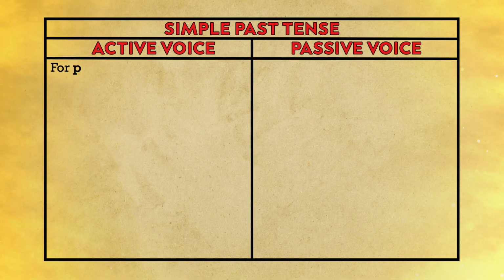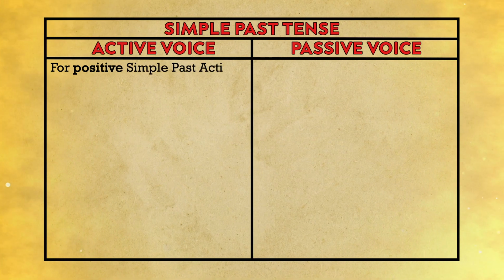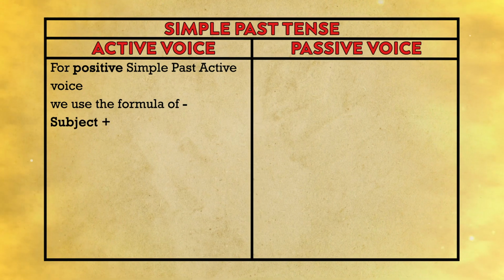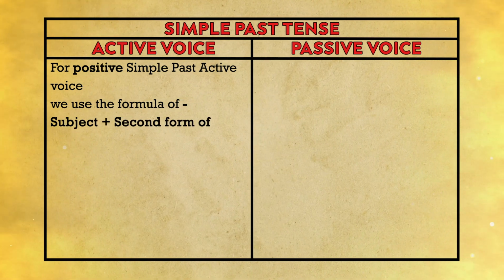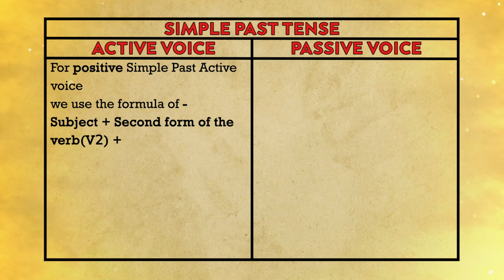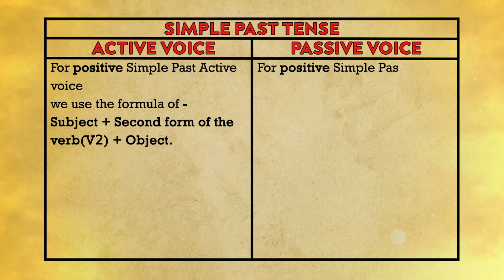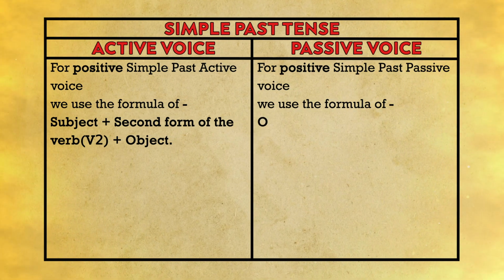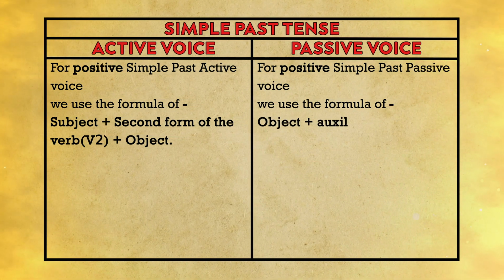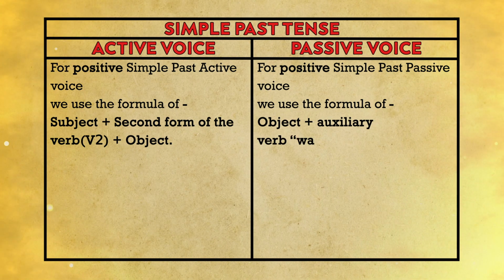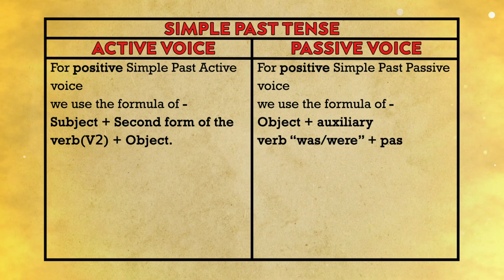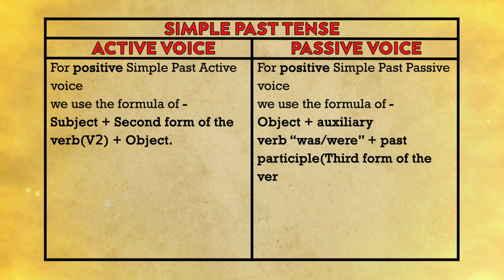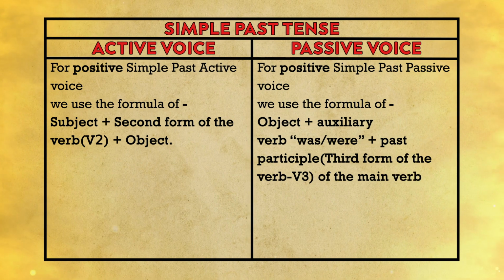For positive simple past active voice, we use the formula subject plus second form of the verb, that is V2, plus object. When we change it into the passive, we use the formula object plus auxiliary verb, that is was and were, plus past participle, that is V3 of the main verb, plus by, plus subject.